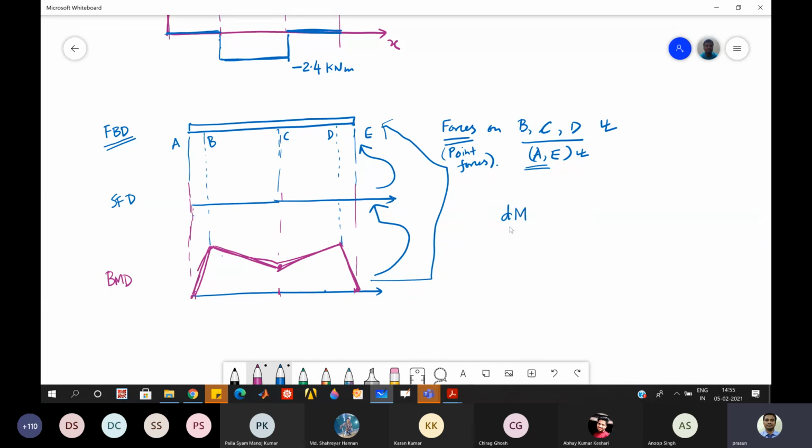One is the shear force and bending moment relation, and another is the shear force and the load intensity, which is the uniformly distributed load or triangular load. So that is the distributed load over the beam. So this Q is the distributed load, okay? Applied load.